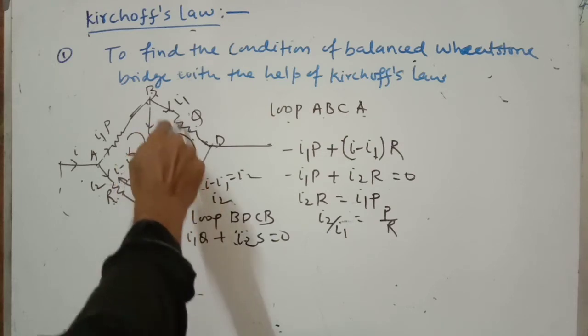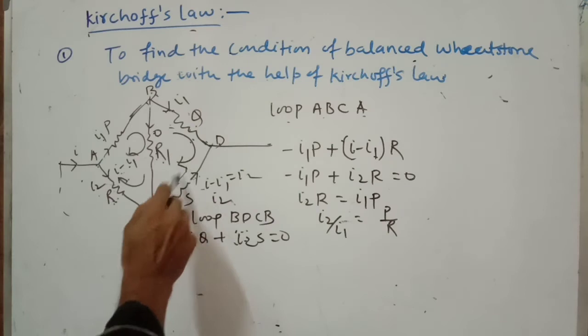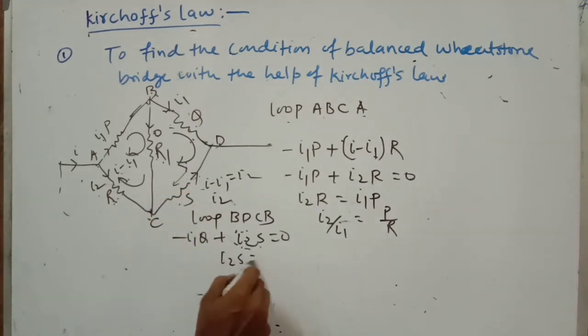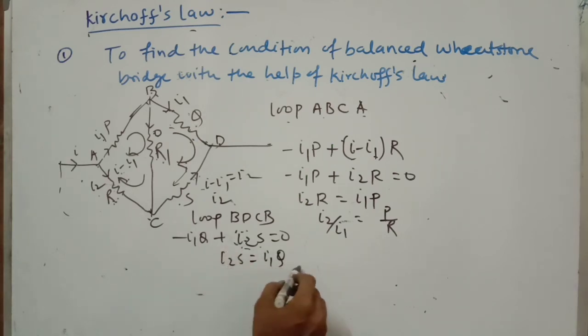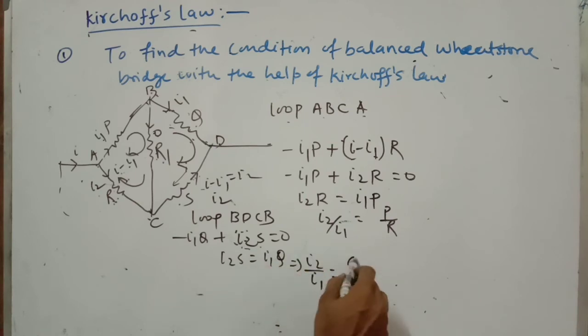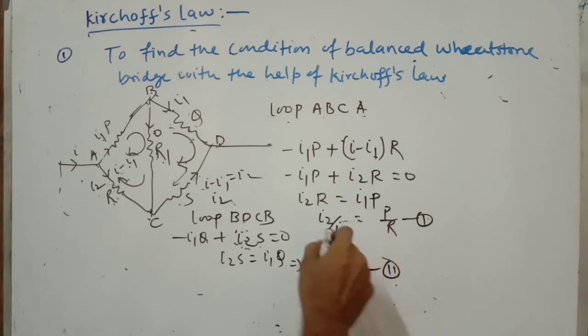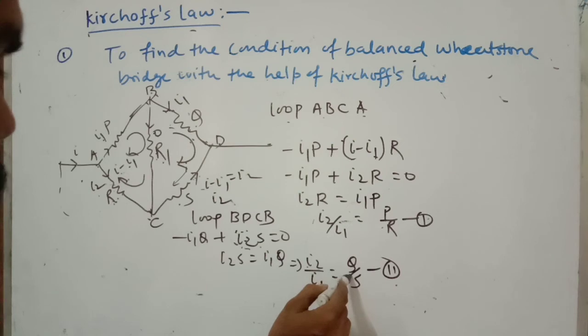Here the current direction and your considered direction are the same, so write minus I1Q. Here opposite to each other, so write plus I2S. So now you can write I2S equal to I1Q. So again I2 by I1 equal to Q by S. From equations 1 and 2, you can see the left-hand sides are equal, so obviously both right-hand sides are also equal.